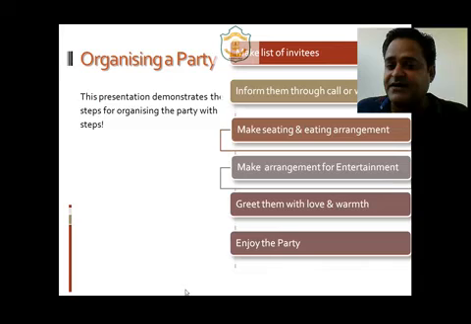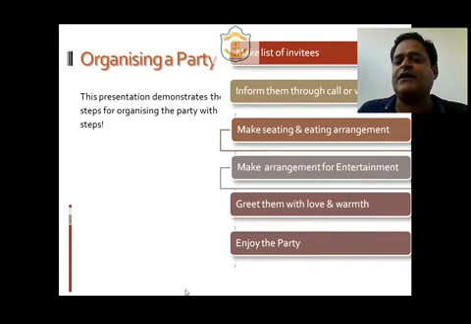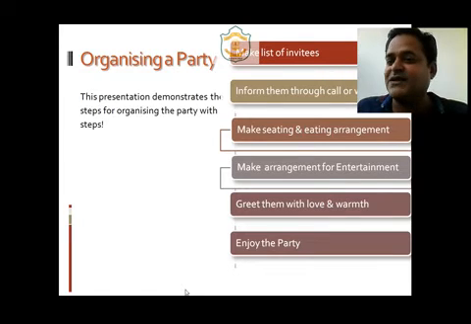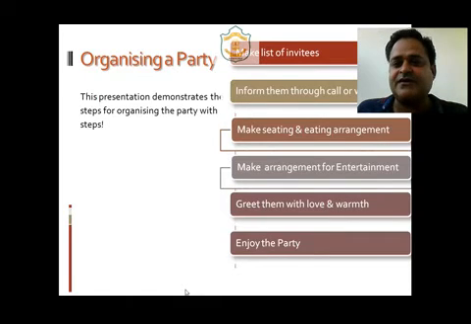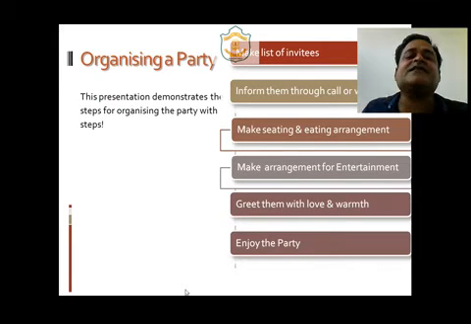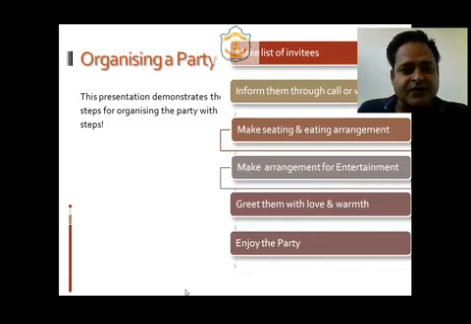So greet them with love, respect, warmth, according to what kind of guest you are having. And the last step is enjoy the party. If you are inviting the guests, you are also part of the party, you will enjoy it with all the guests, whether they are your relatives, friends, or whomsoever you have invited. So you have to also enjoy the party with them. So these are the basic steps of organizing a party.